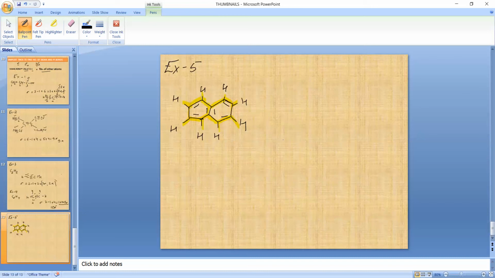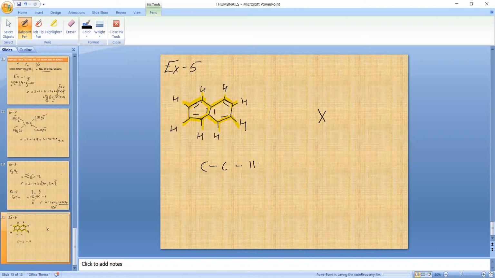Next example is of benzene, which contains rings. This formula will not apply here, because first we have to count the number of carbon-carbon bonds and the number of carbon-hydrogen bonds. So let me start to count. First of all, count the carbon-carbon bonds: 1, 2, 3, 4, 5, 6, 7, 8, 9, 10, 11.